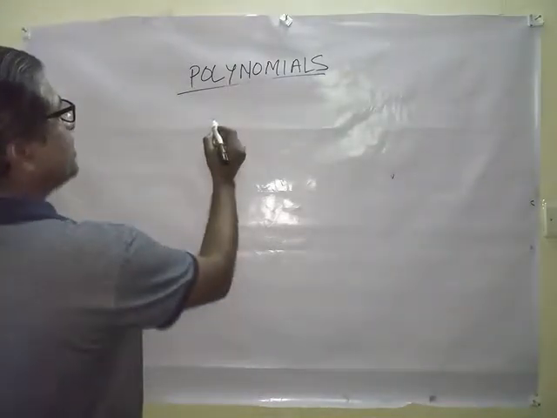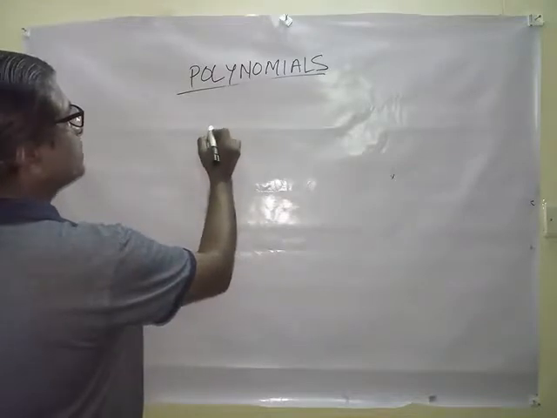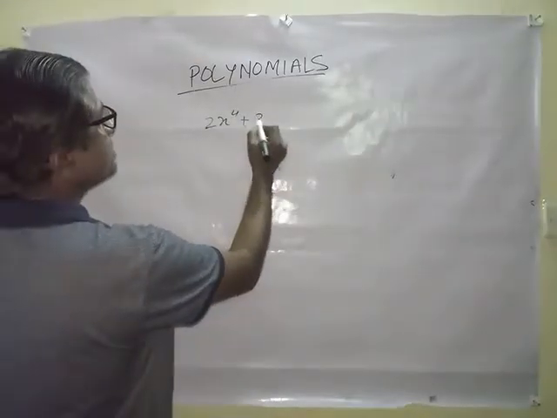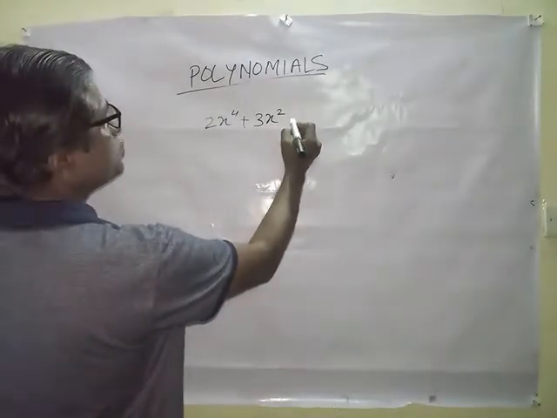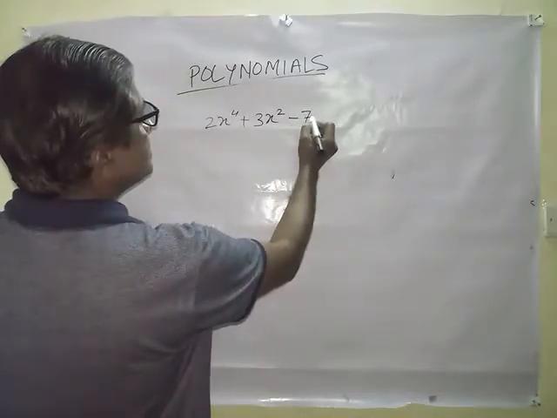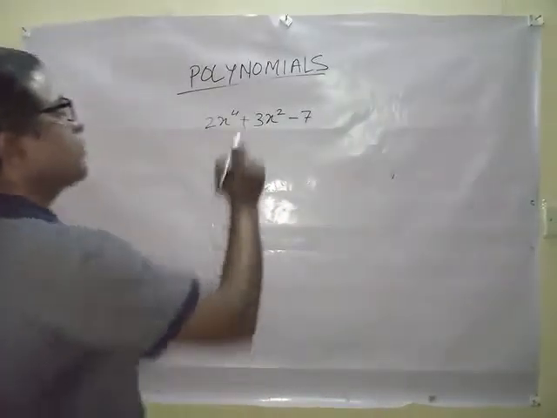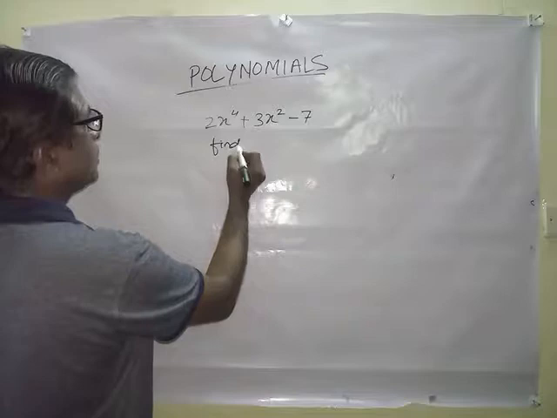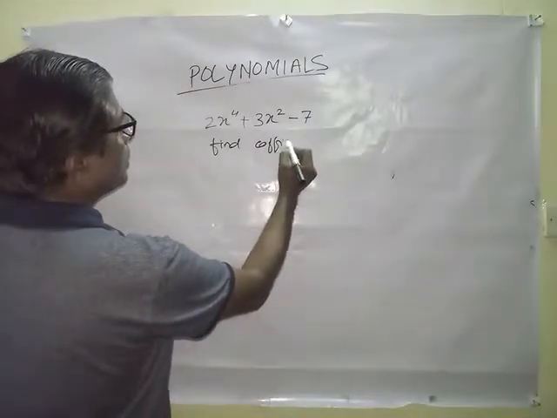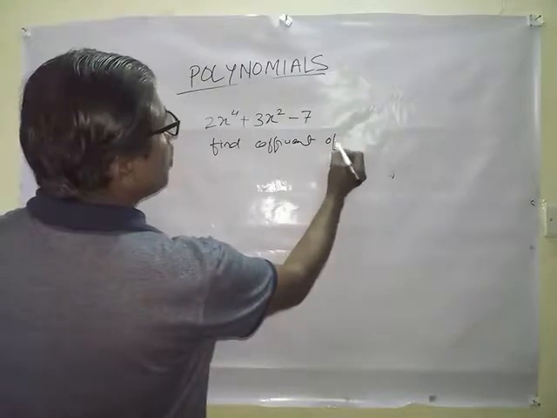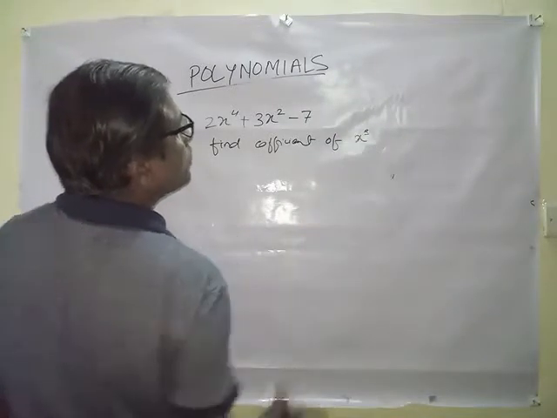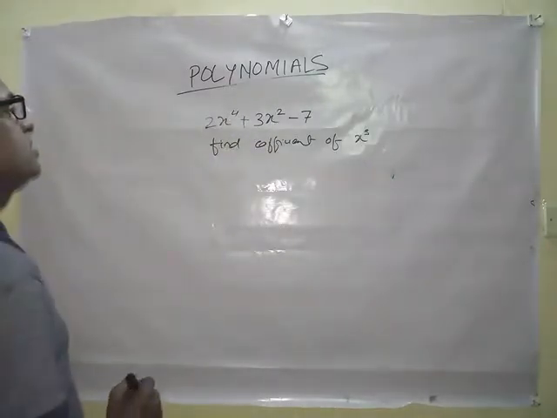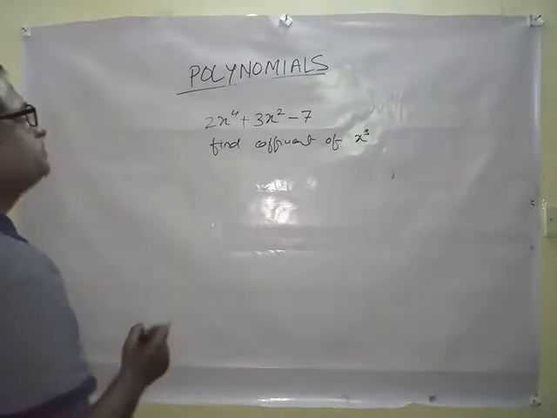There might be a question coming, like say one equation, 2x raised to power 4 plus 3x square minus 7, is given and you have been asked to find the coefficient of x raised to power 3. But x raised to power 3 is not seen here. How will you find the coefficient of x raised to power 3?